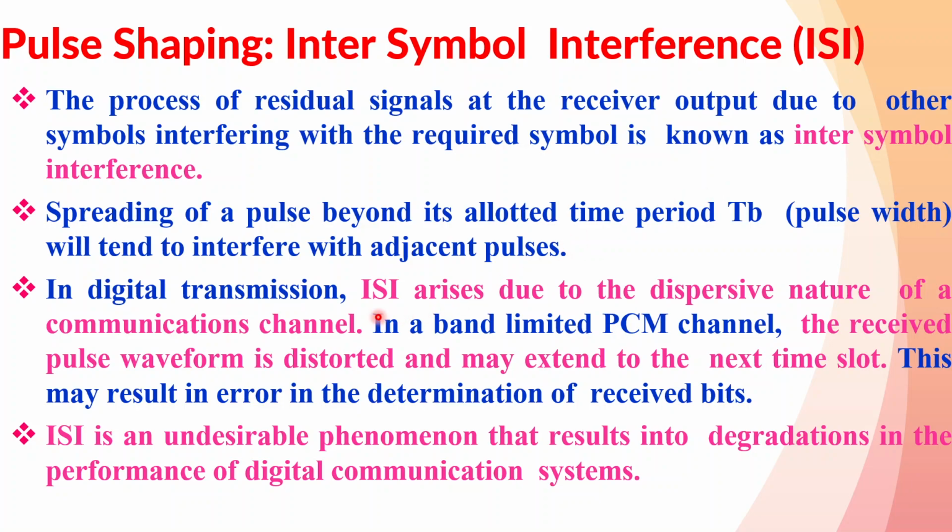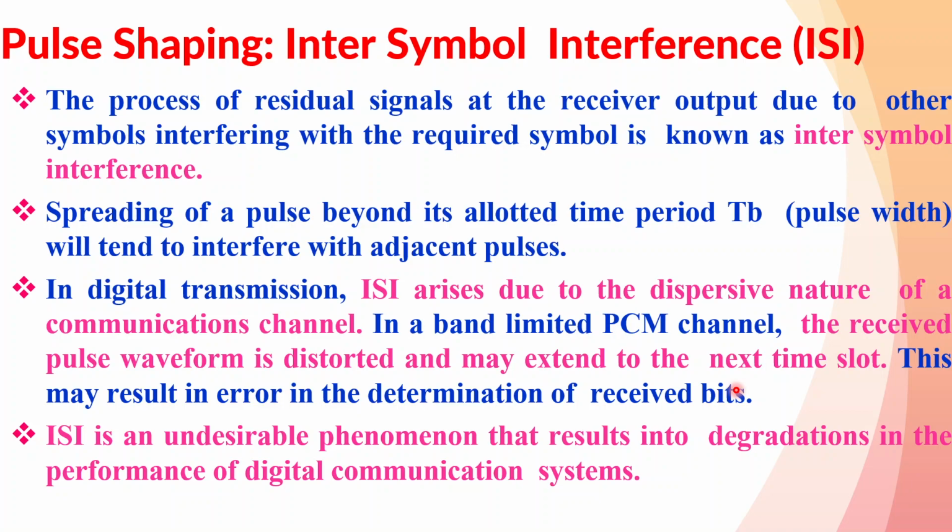So why does ISI arise in band limited channels? Because of the dispersive nature of the communication channel. In a band limited PCM, pulse code modulation, channel, the received pulse waveform is distorted and may extend into the next time slot. This may result in errors in determining the received bits.